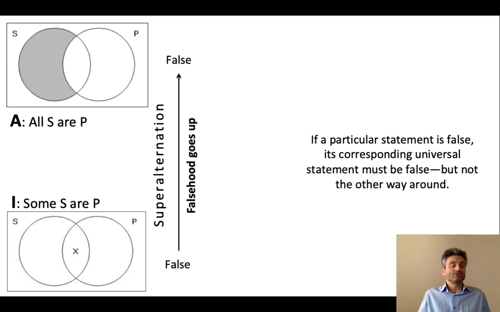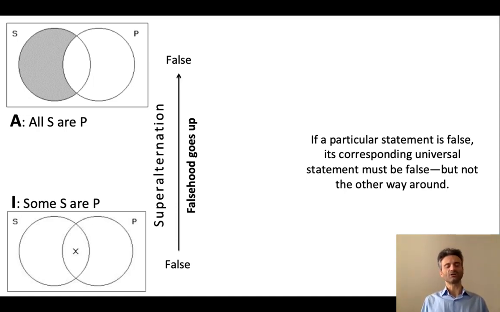Because if "some bananas are yellow" is false, it means that it is not true that all bananas are yellow. So the I is false and the A form is false by logical necessity.